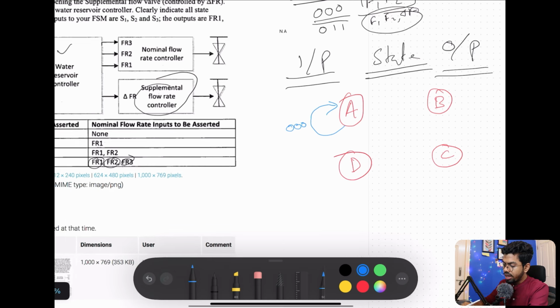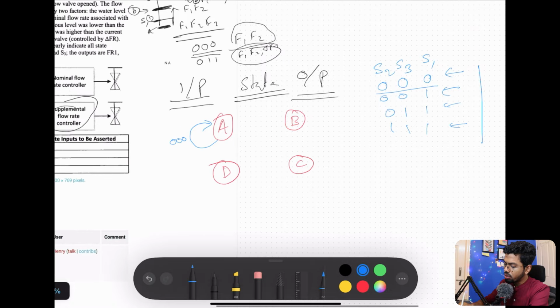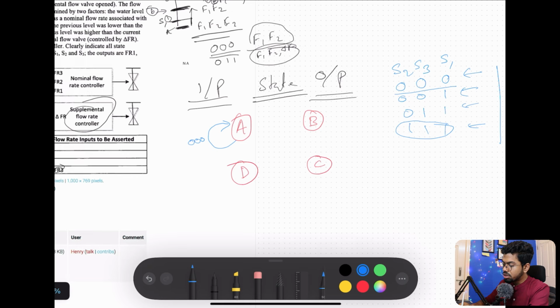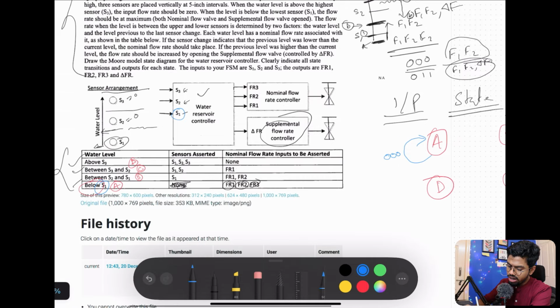Now anytime you are at state A, can you receive an input of 1 1 1? Actually no, because input 1 1 1 implies your water level is here, above S3, with S1, S2 and S3 all submerged under water.